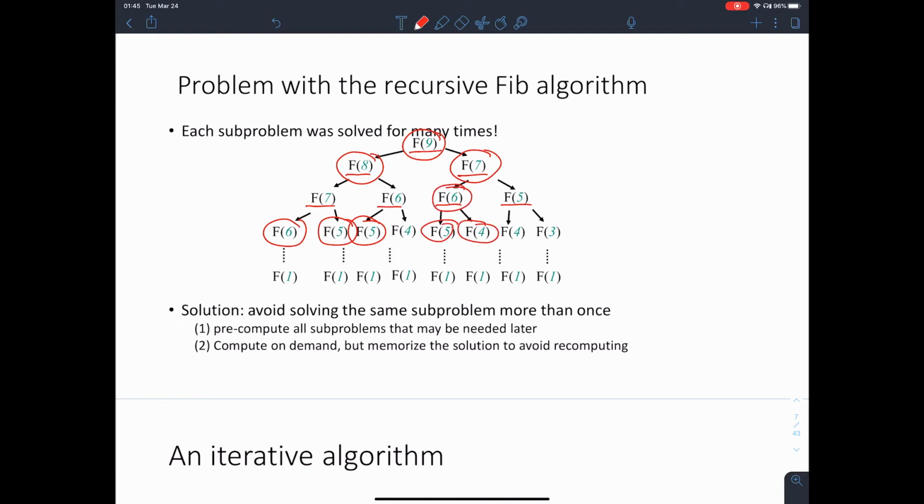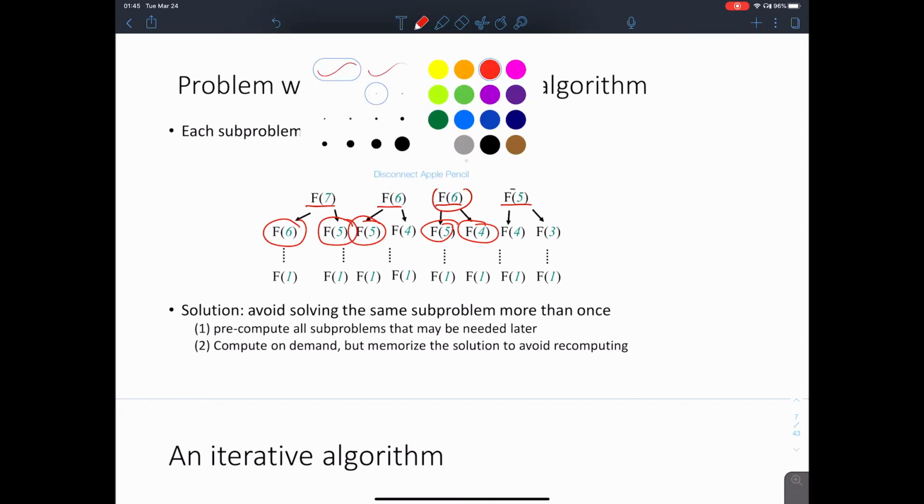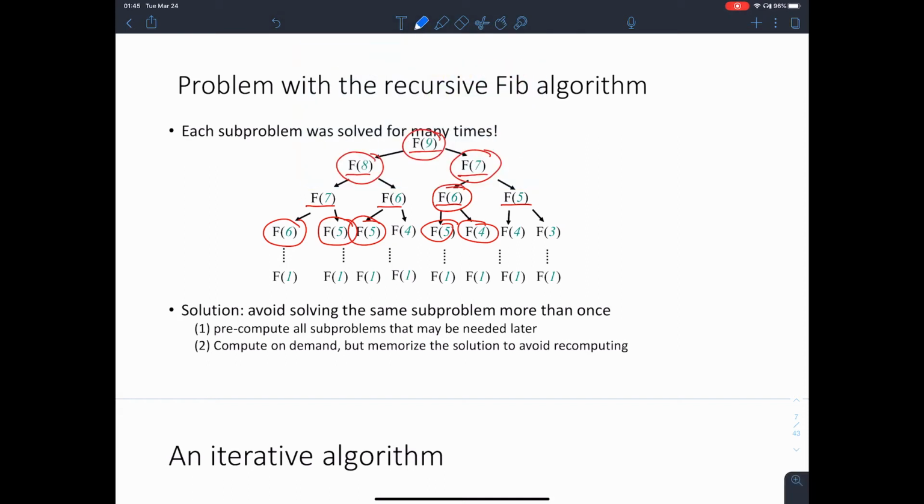If we take a look here, how many times did we calculate F6? We calculated F6 here, F6 here, and F6 here. So we calculated the same subproblem 3 times. How many times did we calculate F5? We calculated F5 here, here, here, in this one, and we will calculate another F5 here.